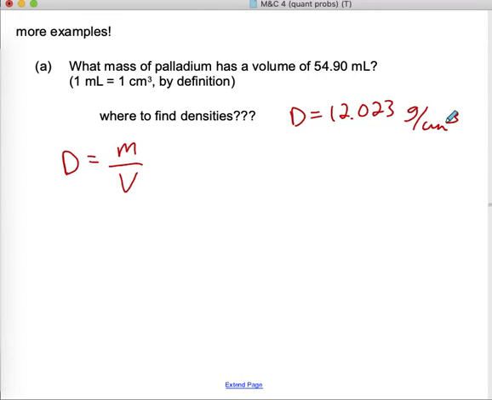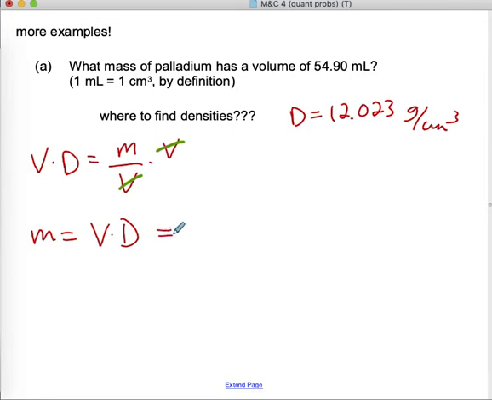That means I need to rearrange algebraically to isolate mass. And I'll do that by multiplying both sides by volume. Volume then cancels, and I get my rearranged equation, mass equals volume times density. I need to see the rearranged equation that you're plugging into for you to get full credit. Now I'll plug in.